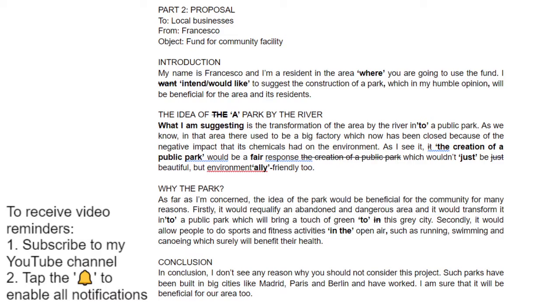Okay, this I would put also commas and turn it into what we call a non-defining relative clause, which means that this part, which in my humble opinion, is not necessary to the sentence, because you could say, I would like to suggest the construction of a park will be beneficial for the area.